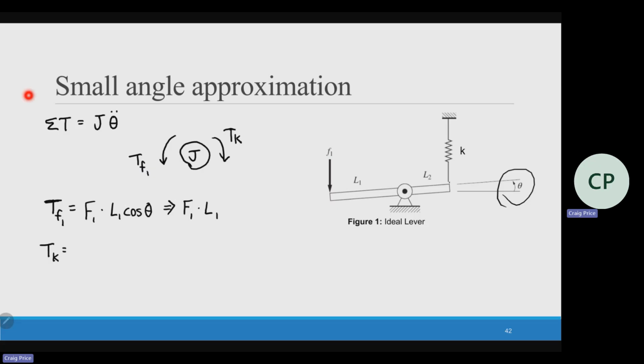It's going to have a spring force times, in this case, L2 cosine theta. But small angle approximation, that would be FK times L2. Because again, small angles, we can basically say that length is not going to change.